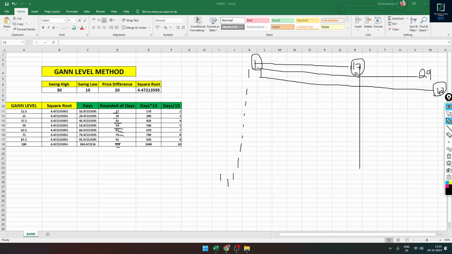Sometimes it will give you false signals also, because trust me guys, this is just a method which I developed based on Gann. It's not going to be perfect, it's not going to give you 100% results. Because Gann spent almost 50 years researching the market, more than 50 years.